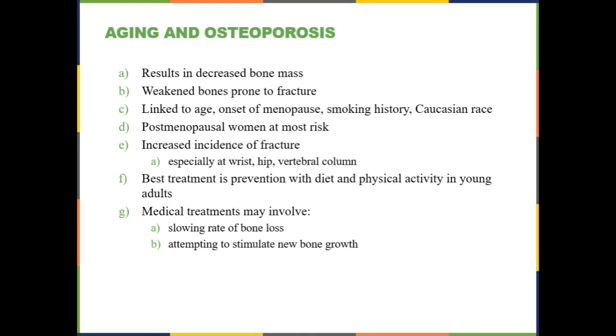So all individuals can have or are likely to have some form of bone loss as we get older. But females are going to be the most common individuals that are going to suffer from osteoporosis and from bone breaks due to osteoporosis.